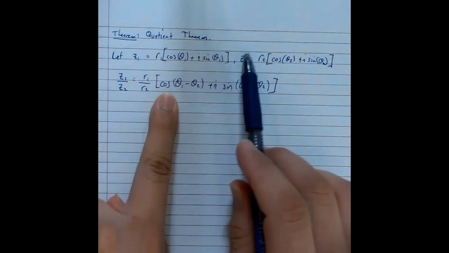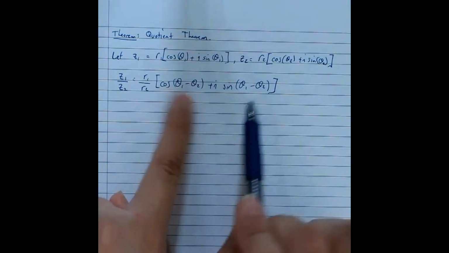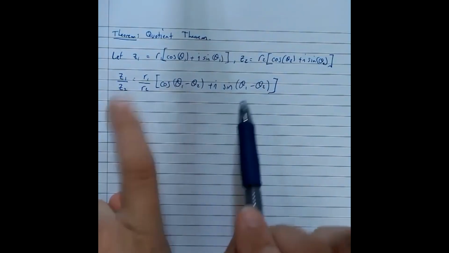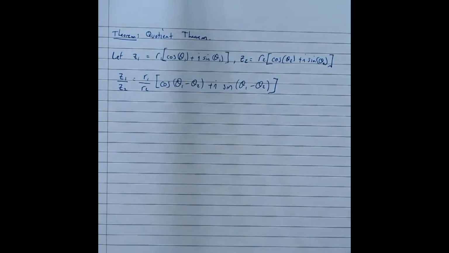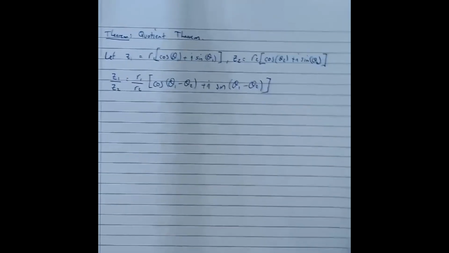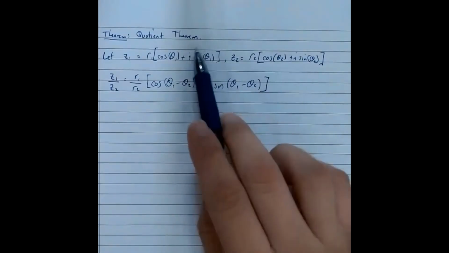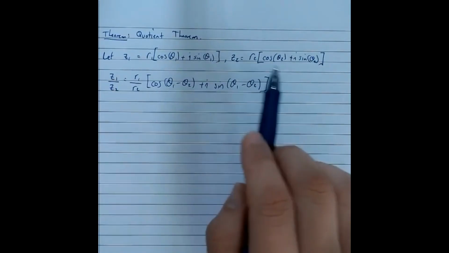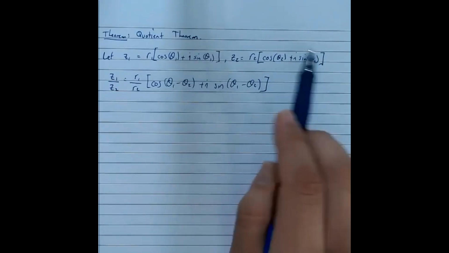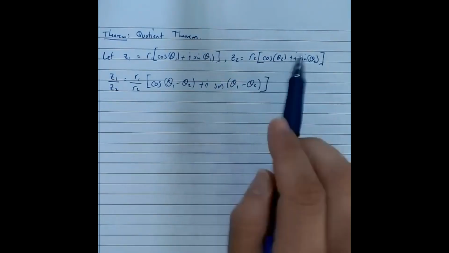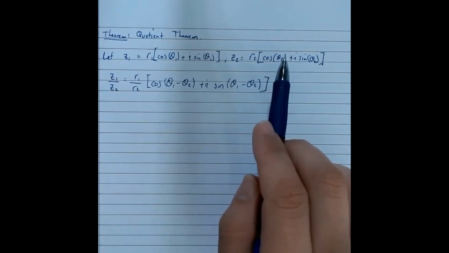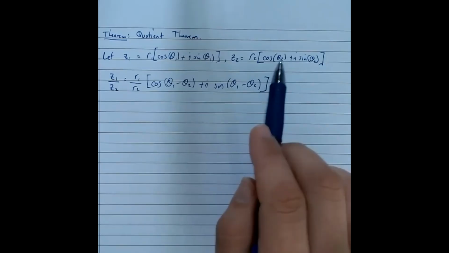Multiplying the top by the conjugate, I'll distribute and I'll discover the difference formulas for sine and cosine. So the proof of this one is almost exactly the same except for one extra step. With this over this, I would multiply both top and bottom by the conjugate of this one. It would make this one a real number. In fact, if you do it, you'll find that the real number is the number 1.